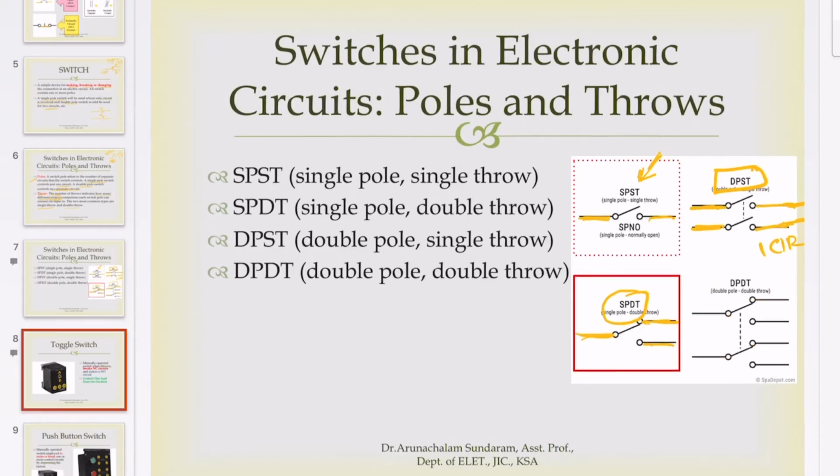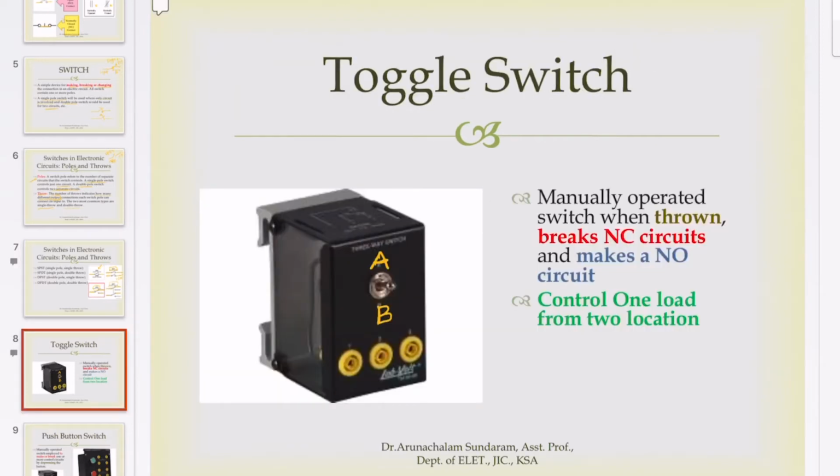Now the toggle switch is basically a three-way switch. This is very important to know, because a three-way switch is used to control one load from two locations.